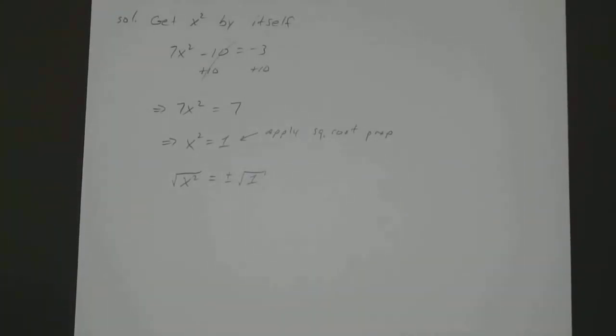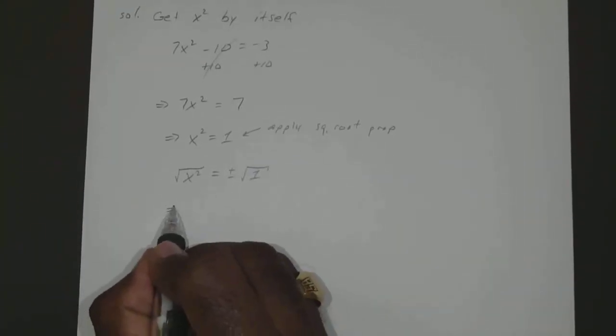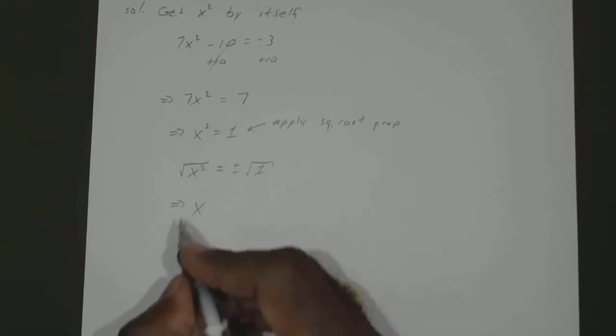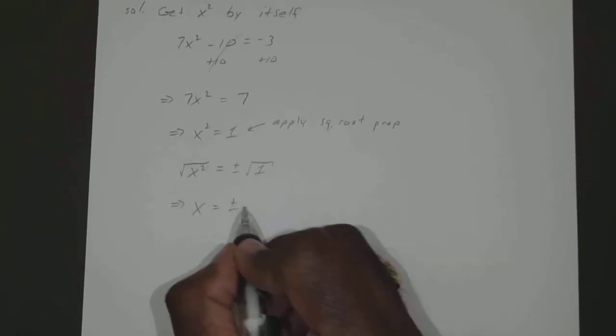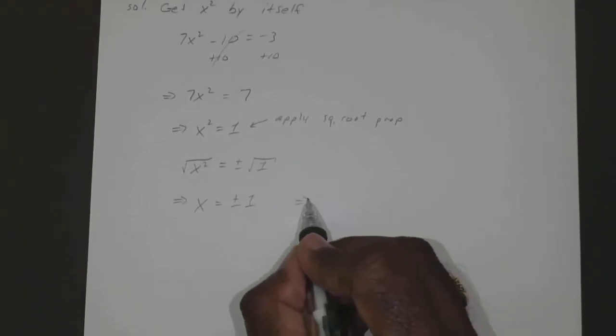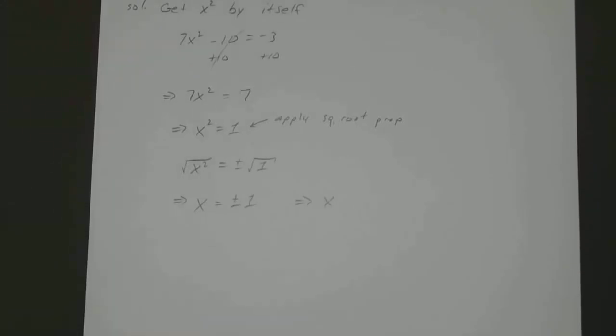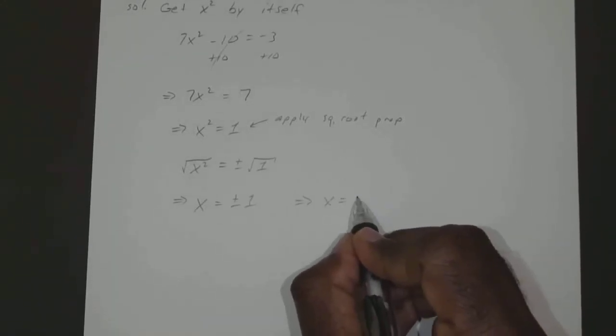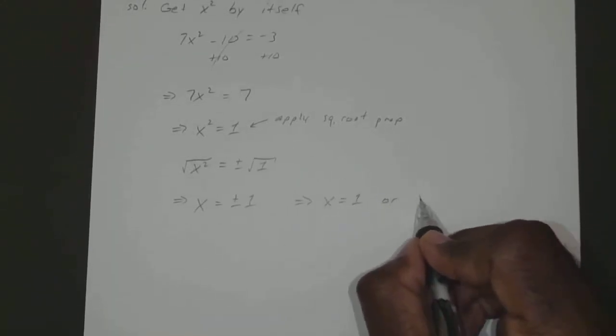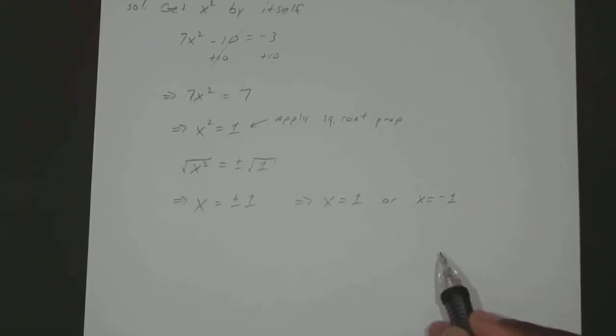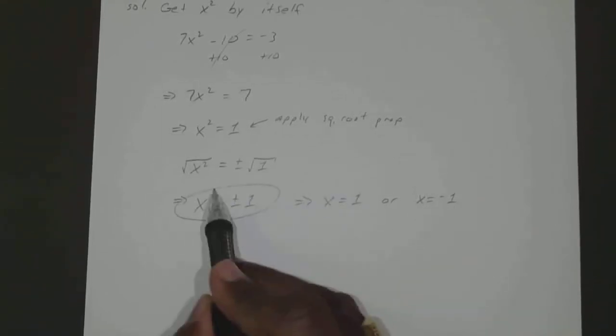So the square and the square root cancel each other out here, so we just end up with x equals plus or minus the square root of 1, which is just 1. Or if they wanted you to expand it, x equals 1 or x equals negative 1. Either one.